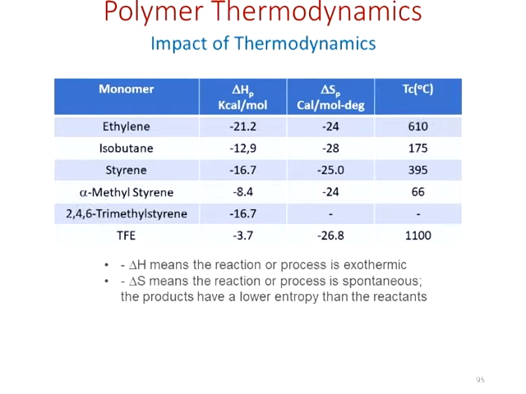When we talk about delta H, a negative value means the reaction or process is exothermic, and negative delta S means the process is spontaneous. And you can see that the delta H and delta S for these processes are all negative, and that's what you want to be able to see.